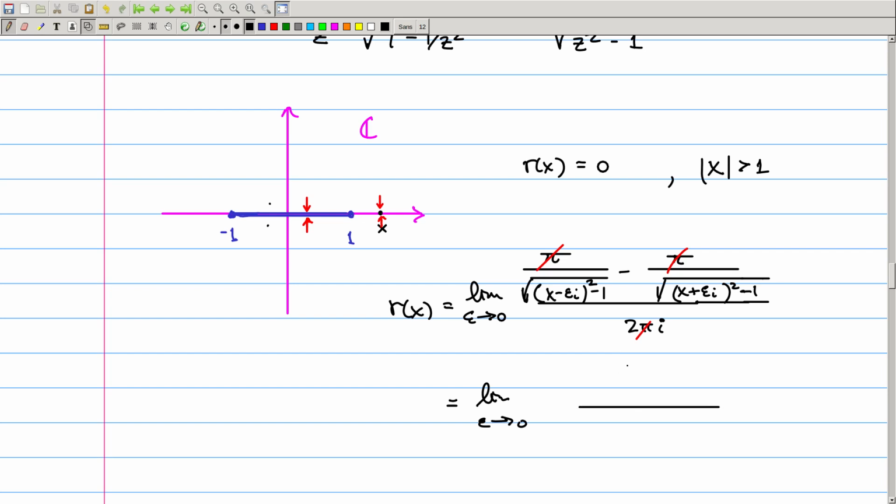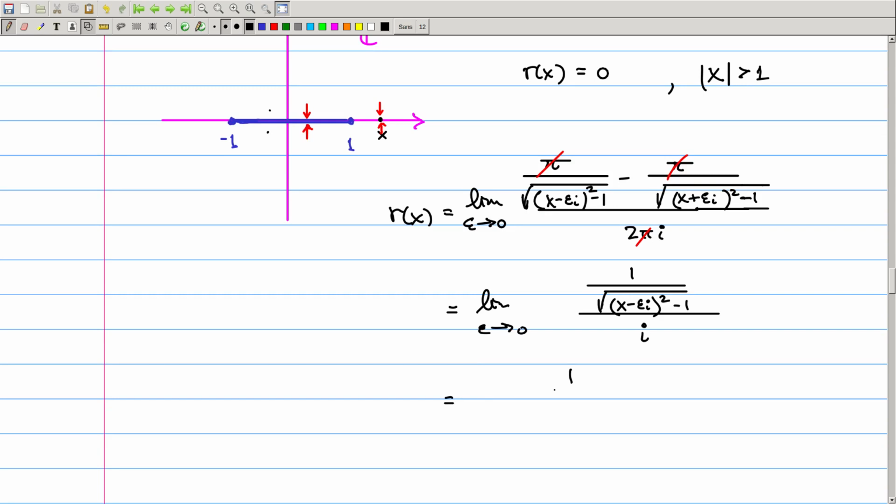So it's really just, and there's a divided by 2, so I can write it just as 1 over the square root of (x minus epsilon times i) squared minus 1, all divided by i. And as epsilon goes to 0 there, we can see that we're getting 1 over the square root of x squared minus 1, all divided by i.